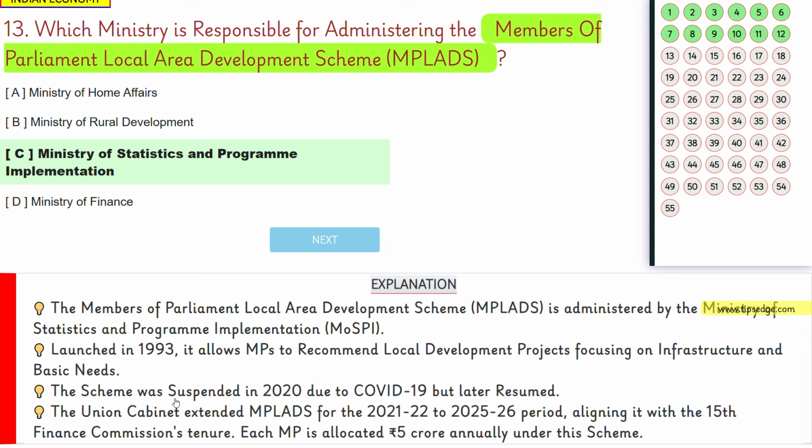The scheme was suspended in 2020 due to COVID-19 but later resumed. The Union Cabinet extended the MPLADS scheme for the 2021-22 to 2025-26 period, aligning it with the 15th Finance Commission's tenure. Each MP is allocated 5 crore rupees annually under this scheme.